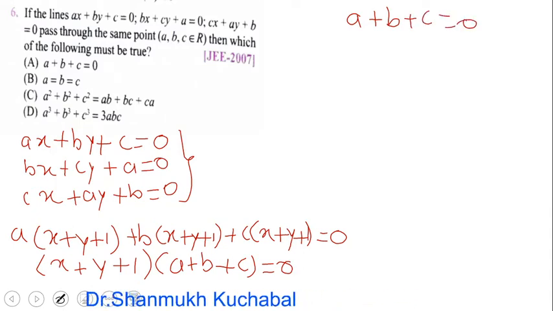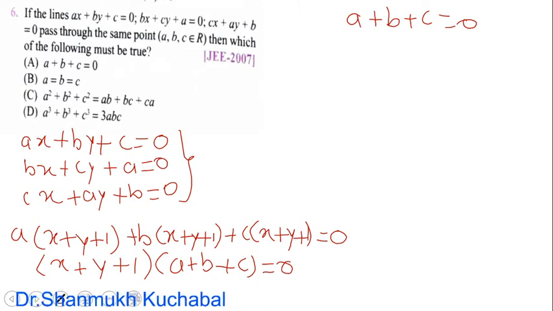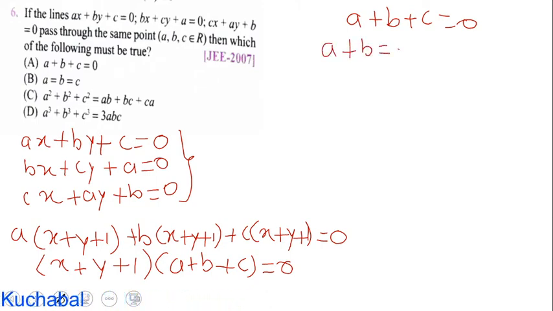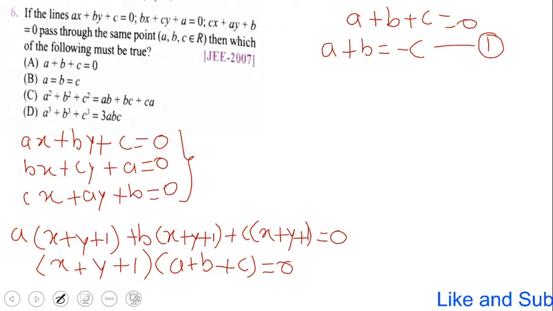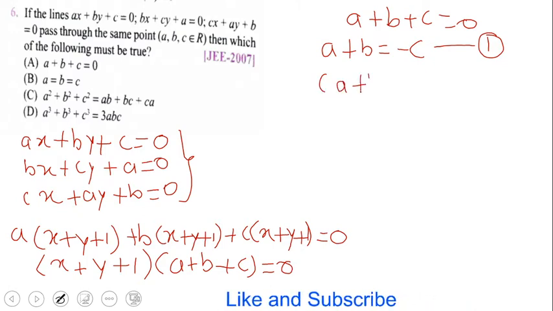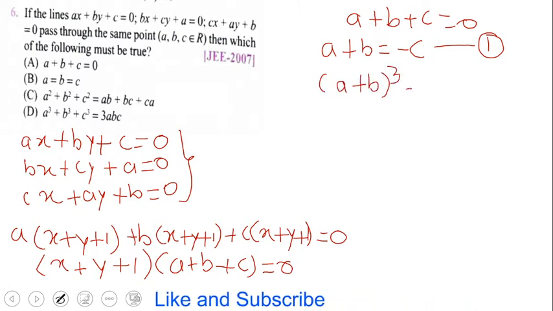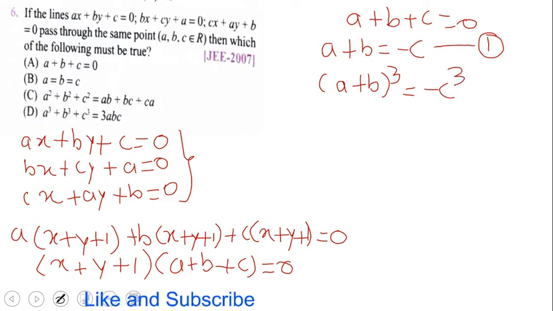Then we transport c to the RHS, we get a plus b equal to minus c, and I call this equation number 1. Further, we do cubing on both sides, so we get (a plus b) raised to 3 equals (minus c) raised to 3.